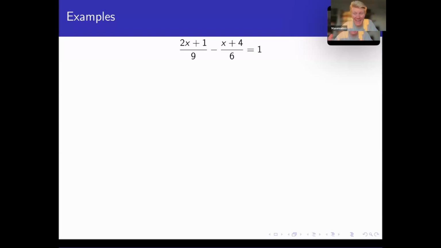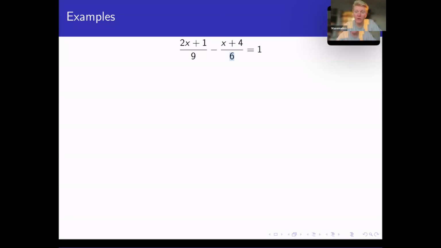So instead of trying to deal with multiple fraction, addition, and subtraction, why don't we multiply everything by the least common denominator? Okay, what is the least common multiple of 9 and 6? What's the first multiple that they share? The answer would be 18.